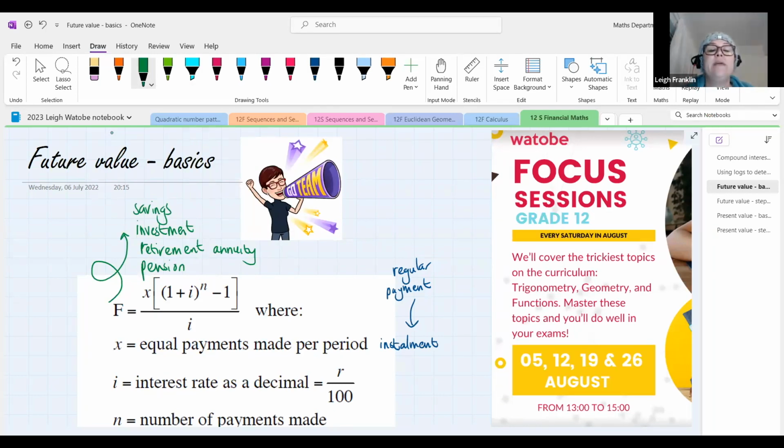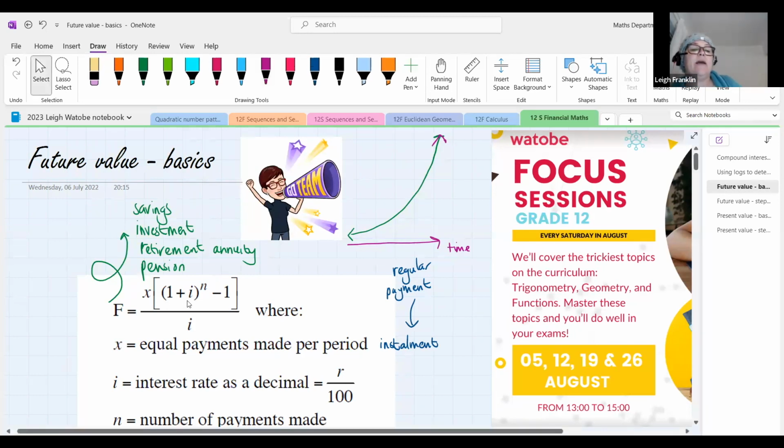In other words, together with regular payments, this amount of money is going to grow. As time goes by, the future value of your investment grows. Often students look at future value and present value and don't know which one to use in which situation, so that's why I make mention of this now.